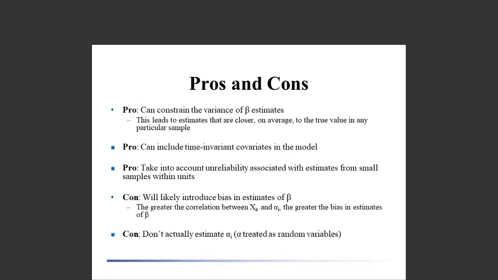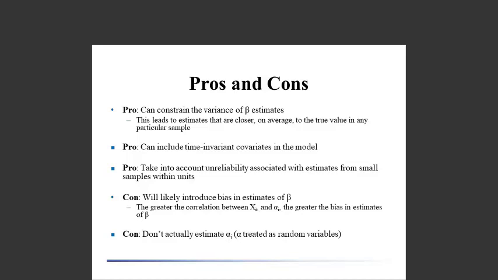Now, there are a lot of important advantages for random effects models. First, as we noted, estimates of beta will have less variance because outlying unit effects will have their alpha shrunk back down to the mean alpha.